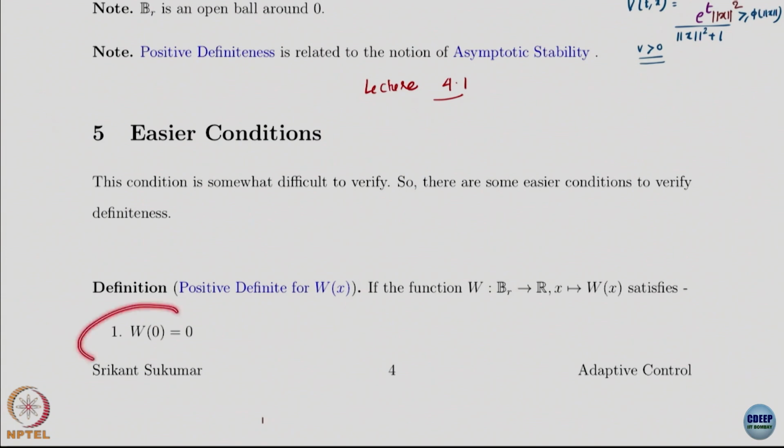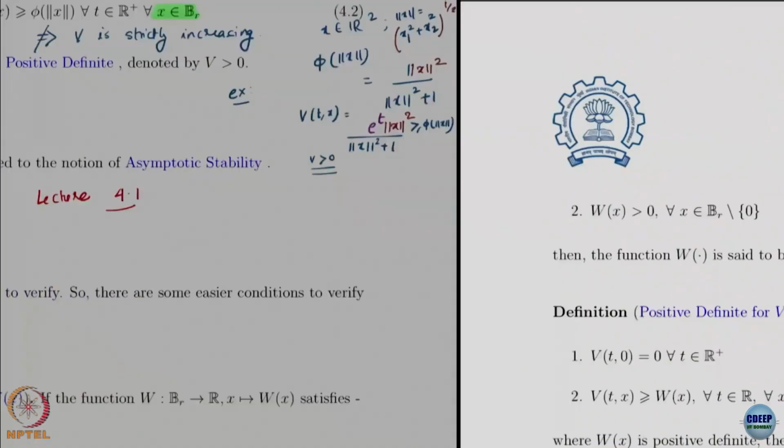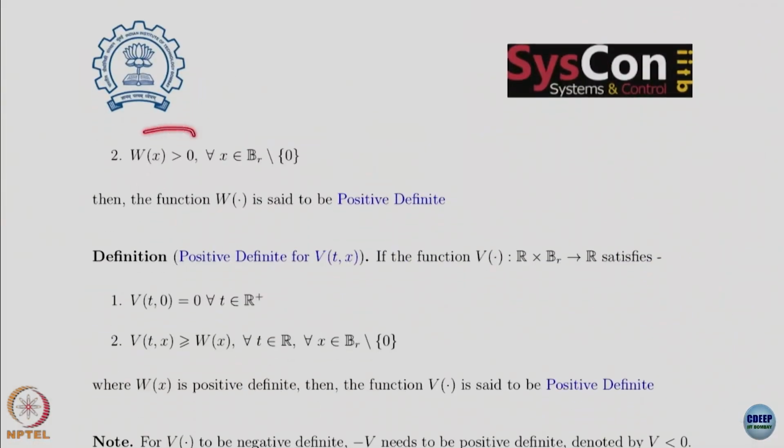One, that it is 0 at 0, this was anyway one of the conditions, same condition, does not change anything. And the second one is that w(x) has to be strictly positive for all x which is not 0 in this domain.